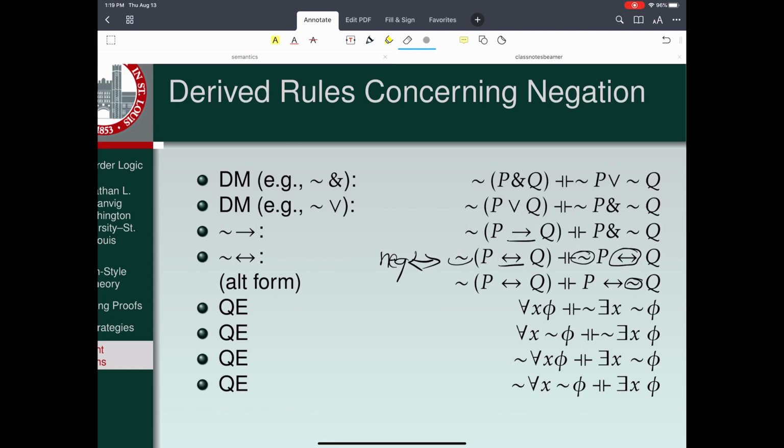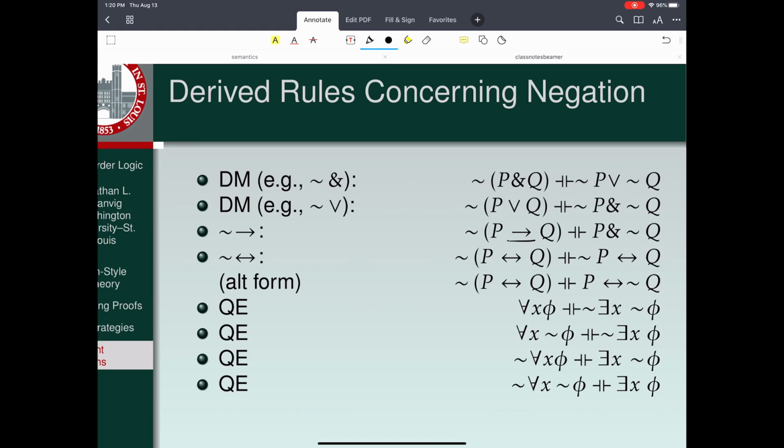By putting the negation on one of the two, doesn't matter which one, you then say, no, they've got opposite truth values. That's what it is for the double arrow formula to be false. So among the most important derived rules are rules concerning negation. That's fundamental to propositional logic.